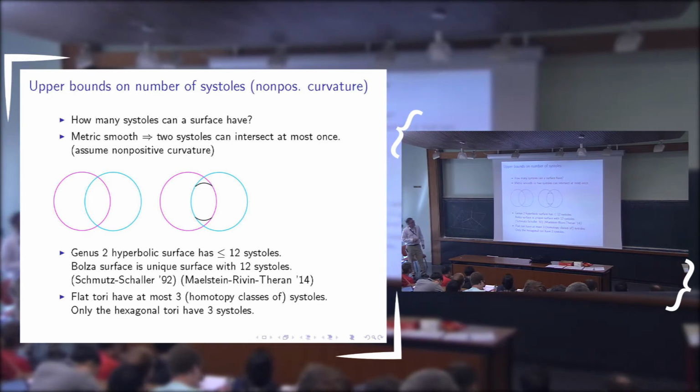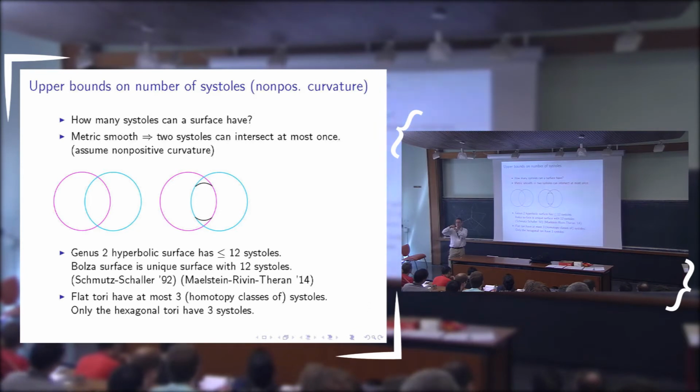And then, because this is a smooth point, you can make a small perturbation. It's a transverse intersection necessarily, so the angle is not pi. So you can cut off a little corner and save a little bit of length. So by doing a small perturbation, you can make a smaller thing. So this is a proof by contradiction that a systole cannot intersect another systole twice or more.